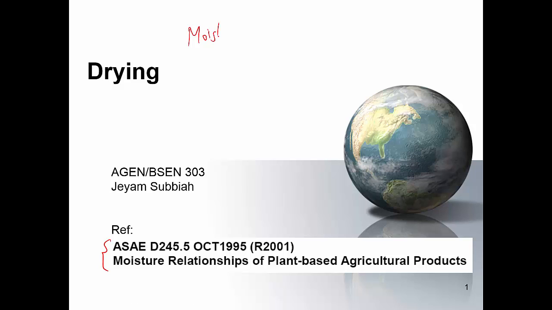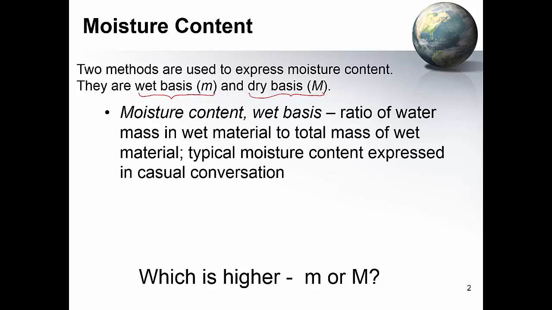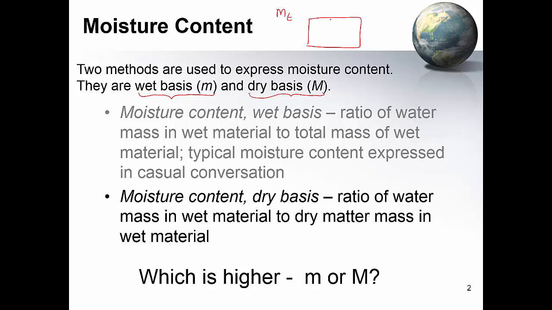So today let's review the moisture content. Okay. There are two methods. You can express the moisture content in wet basis, small m, or the dry basis, in capital M. First, if a product is there and its total mass is this, and let's say this is the mass of the water, this is the dry matter, then the total mass equals the mass of the water plus dry matter.